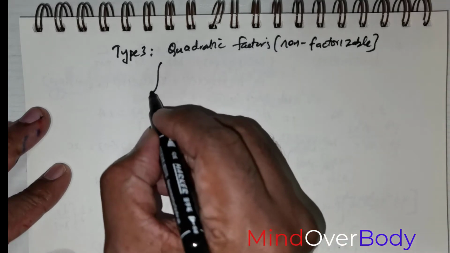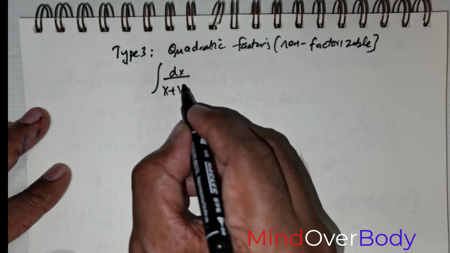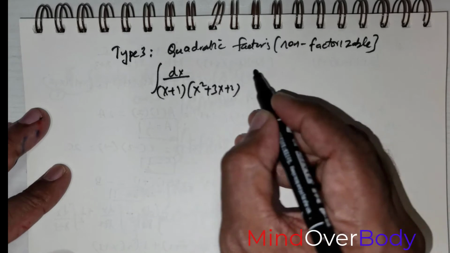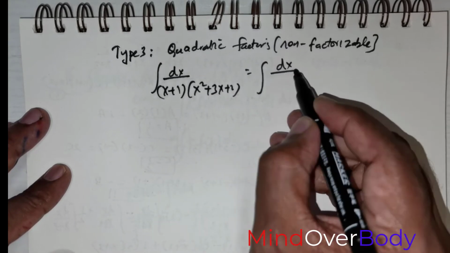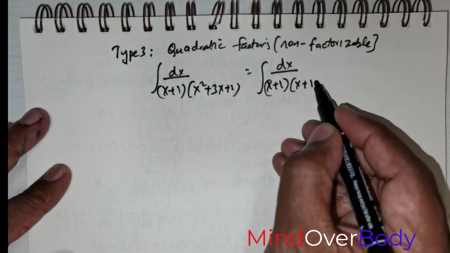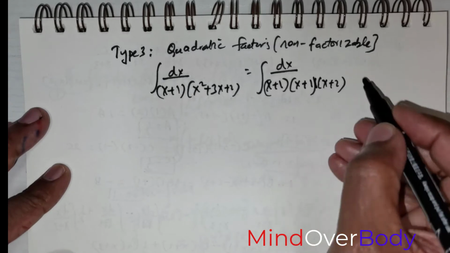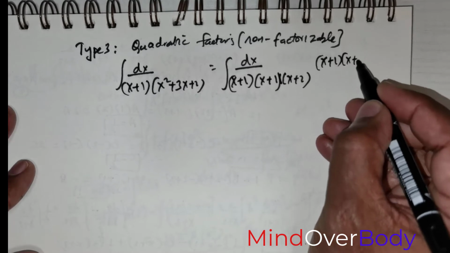Now suppose you are given an integral like this, say integral dx over x plus 1 times x squared plus 3x plus 2. Now this is a quadratic equation, right? But you can very well rewrite this quadratic as x plus 1 times x plus 2. Now why am I writing it like this? Just take x plus 1 and multiply it with x plus 2.